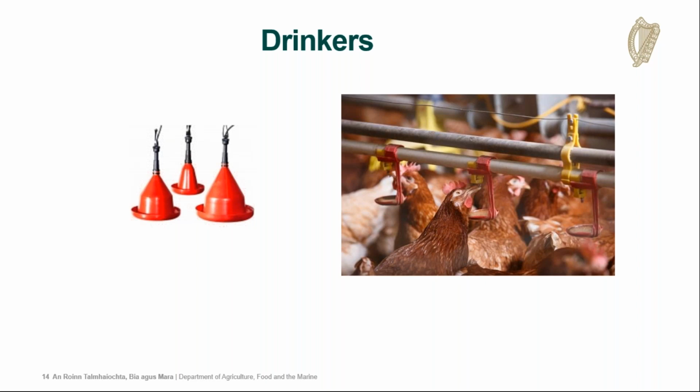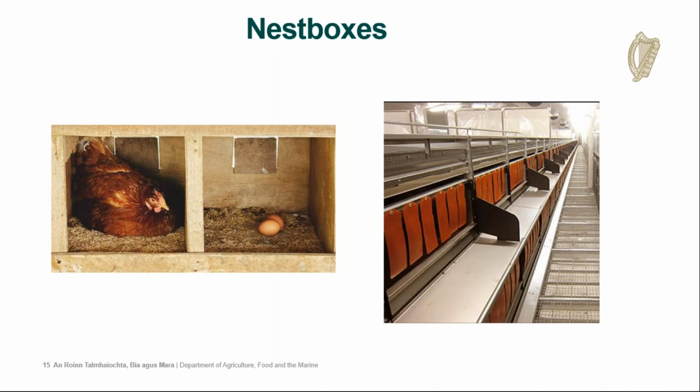You may come across nipple drinkers or the bell drinkers, and again, as part of the house profile calculations, you have to ensure that there's 45 centimetres clearance, which you possibly will get with the nipple drinkers and maybe not with the bell drinkers. But again, these have to be incorporated into your calculation of usable area.